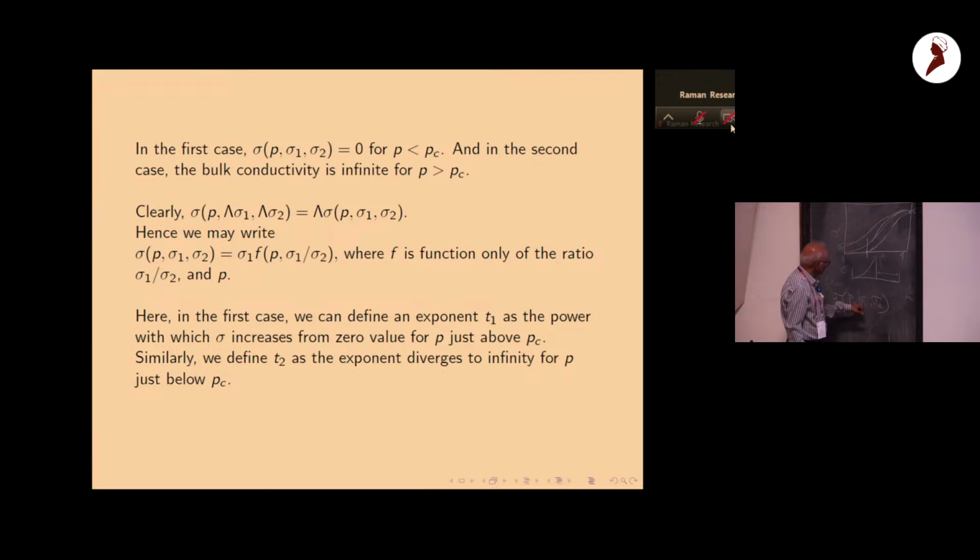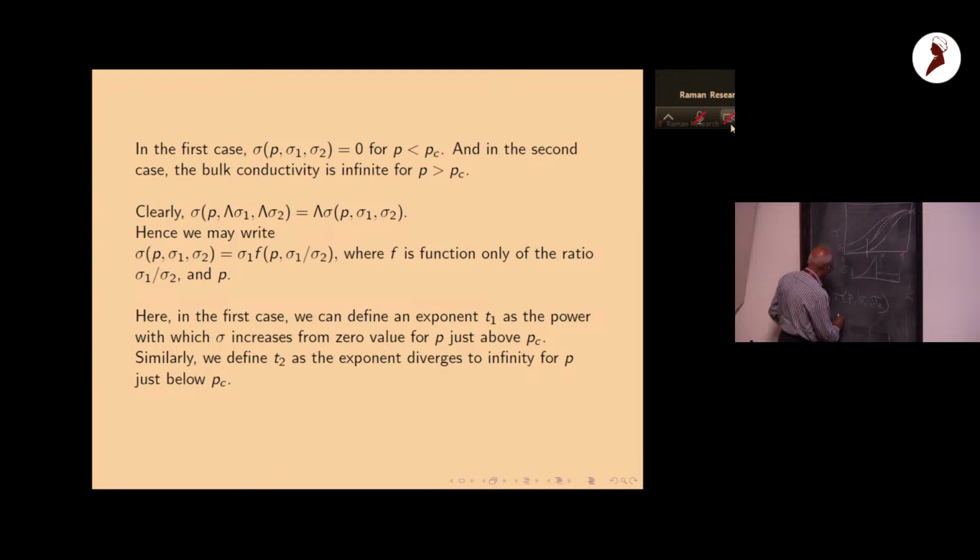But suppose I increase sigma 1 by a factor 2 and sigma 2 also by the same factor. Then the bulk conductivity will increase by the same factor. That is clear to everybody. So I can use this property.